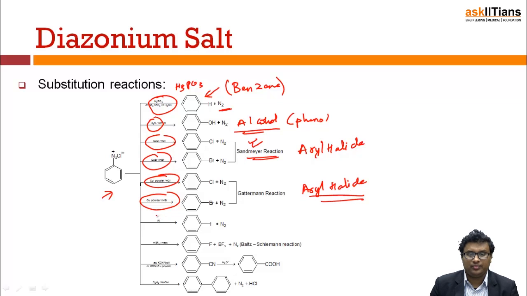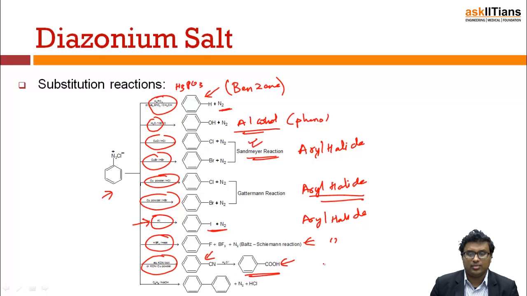Next, KI, again an aryl halide, but it is for iodine. So for iodine you need KI. Next, HBF4 is the Balz-Schiemann reaction, again an aryl halide. Next, KCN, you will get a cyanide, and you know that cyanides on hydrolysis give acid.